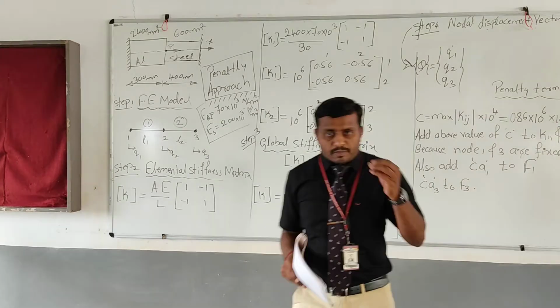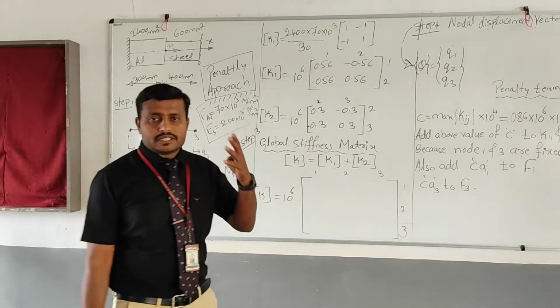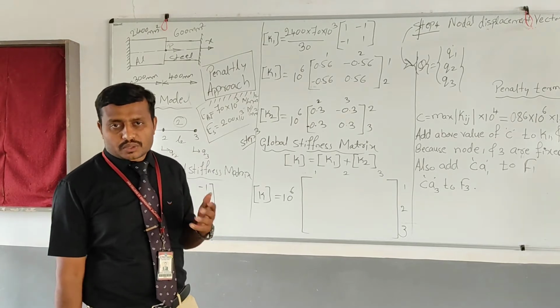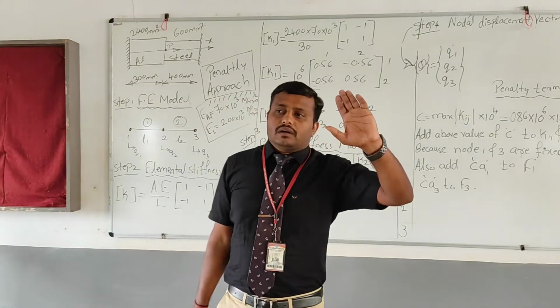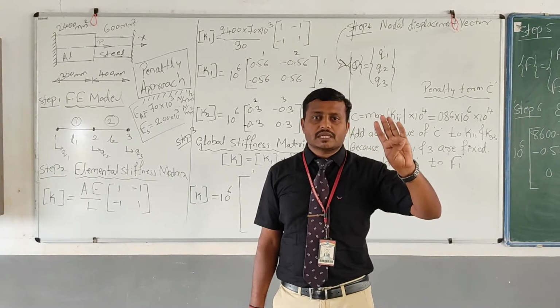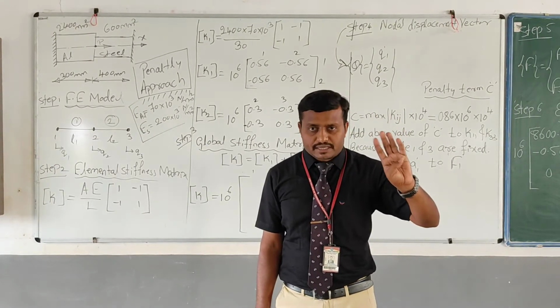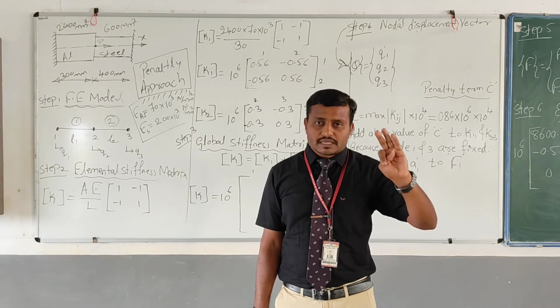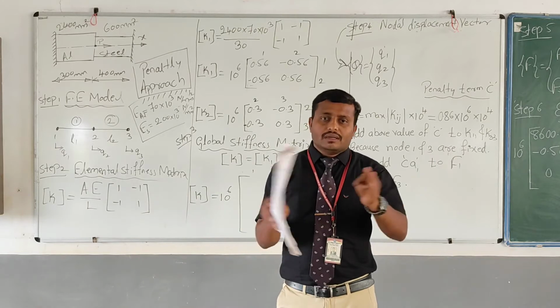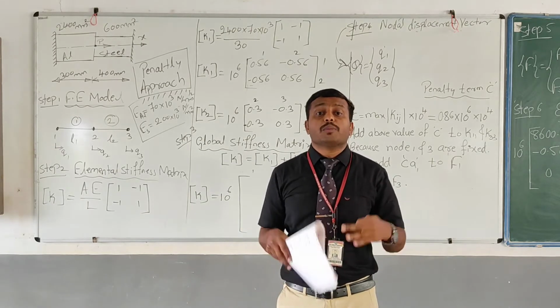Now in this method also, the first four steps remain the same. Which are those? First step is discretization or drawing the FEM model. Second step, finding the elemental stiffness matrix for each element. Third step, assembling or adding all stiffness matrices and getting the global stiffness matrix.